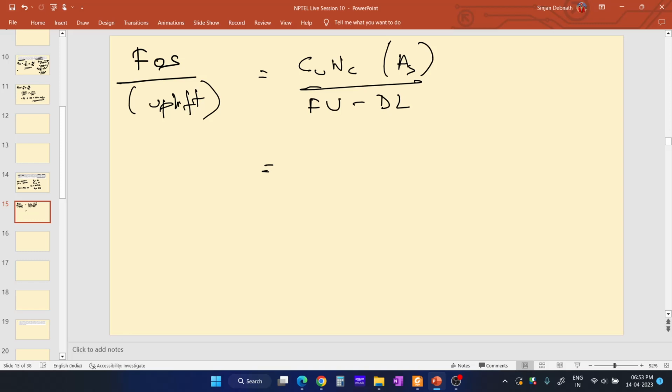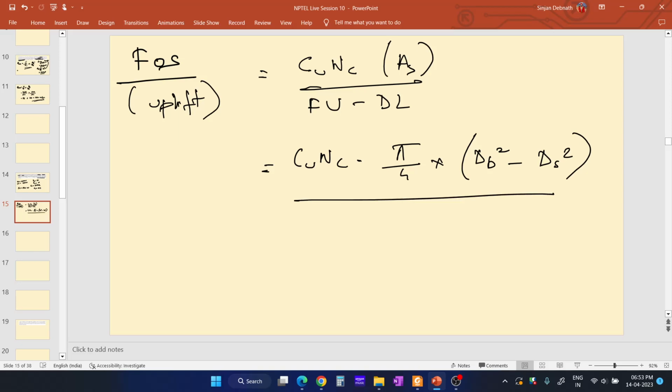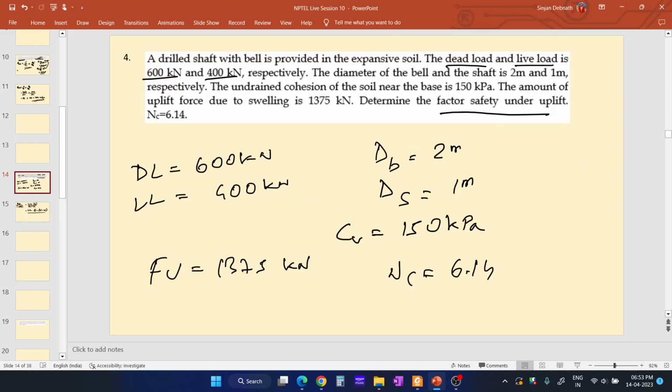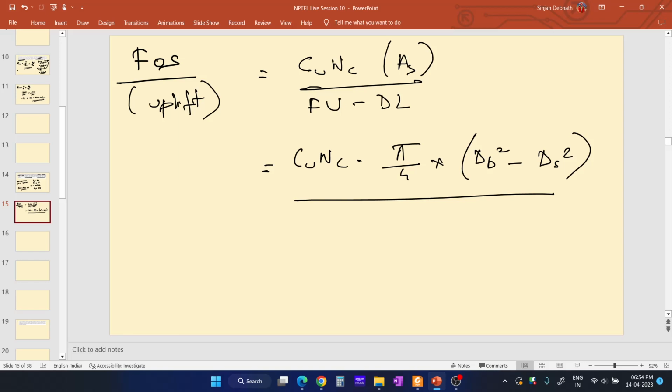Cu Nc into As, where As is pi by 4 into dB square minus dS square, that is the diameter of the bell and diameter of the shaft. And what is Fu? That is the amount of uplift force due to swelling. It is 1375. So Fu minus DL. Now let me put the values of all the parameters into this equation.